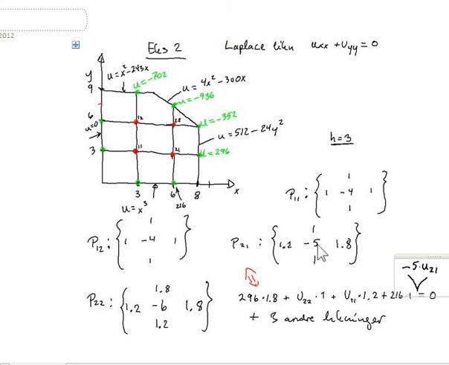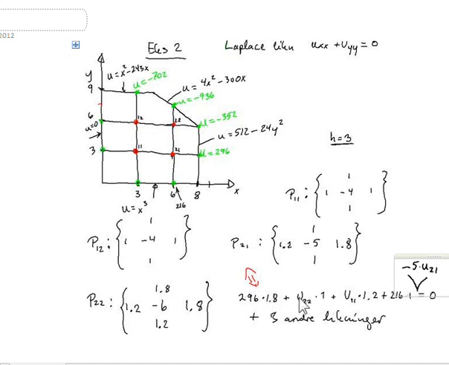Just to make sure that we understand this symbolic expression, we are standing in this point 2, 1. We are to the right. We have to multiply with 1.8. So the value in this right point, which is 296, is multiplied with 1.8.